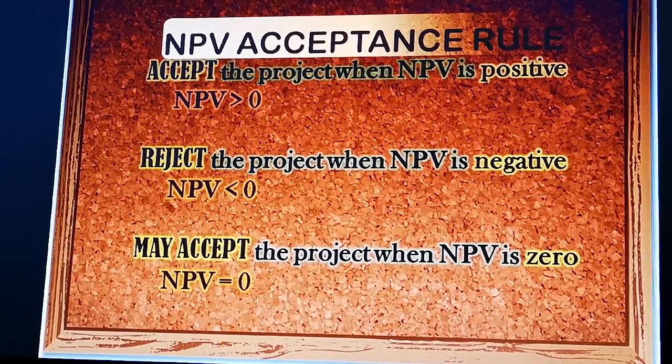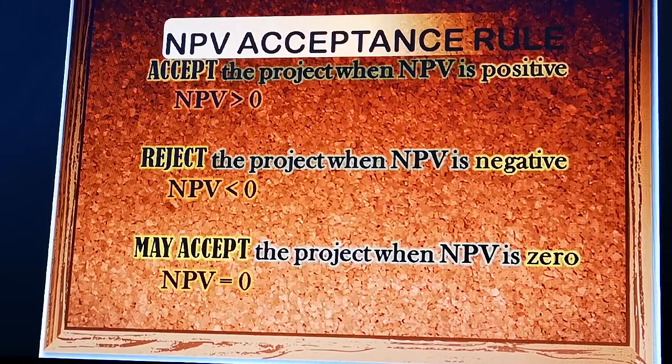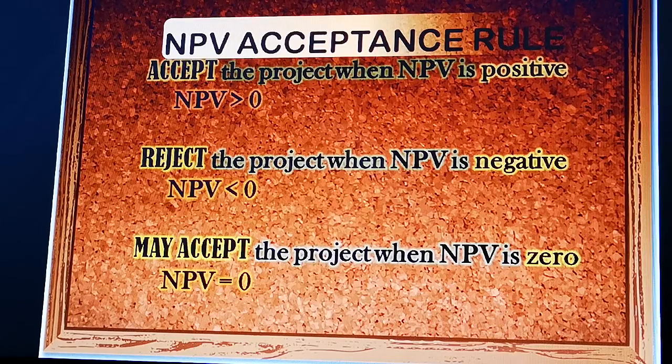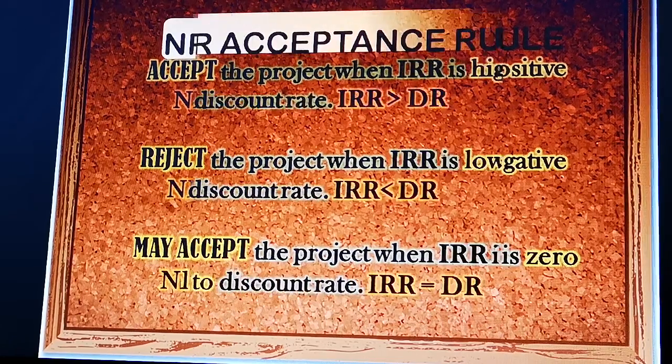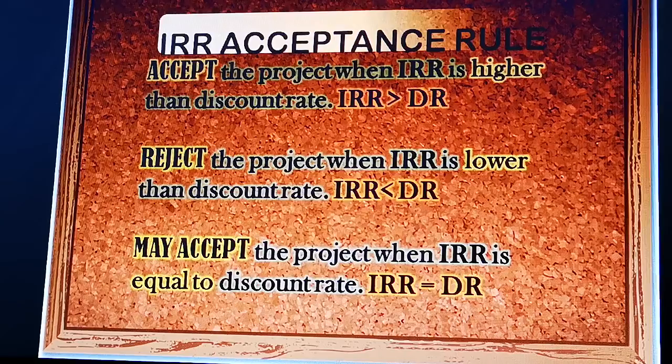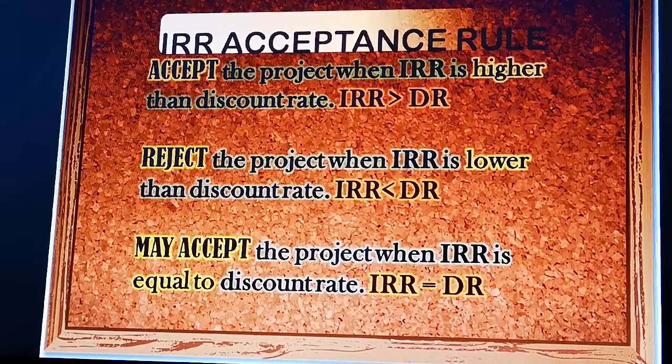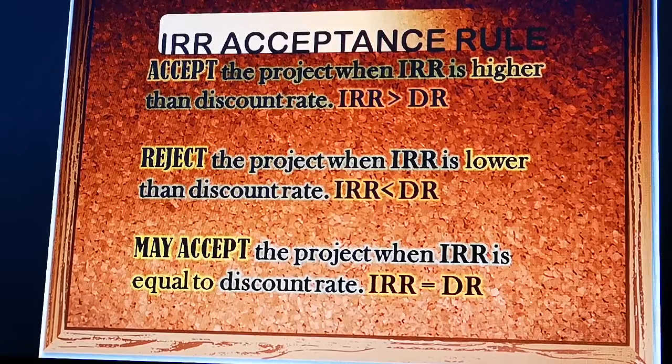the net present value is 0, because a positive net present value promises a return greater than the required rate of return, and having a 0 net present value is also acceptable because it promises a return equal to the required rate of return. For the internal rate of return, we may accept the project when the internal rate of return is higher than the discount rate.